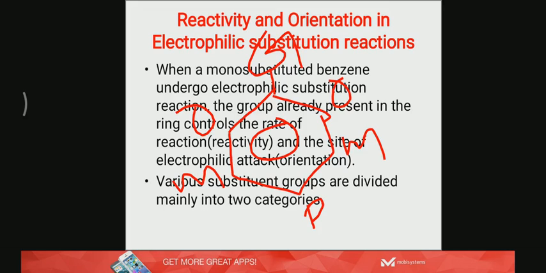So where does the substituent come is a question. Now, based on the nature of the group, it can be mainly of two types. This group can be either electron donating or electron withdrawing from the ring.